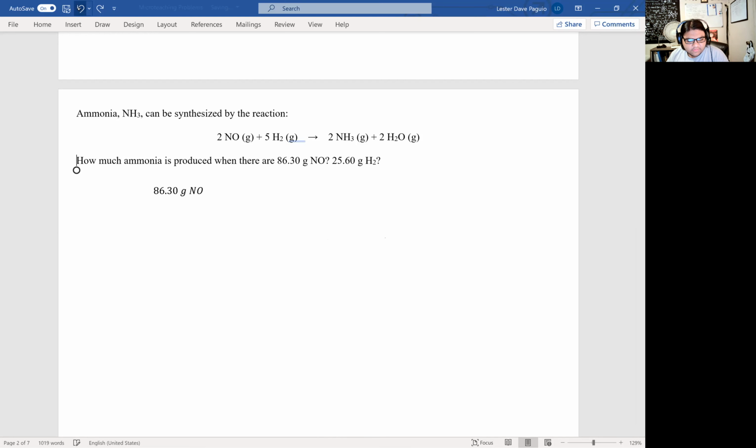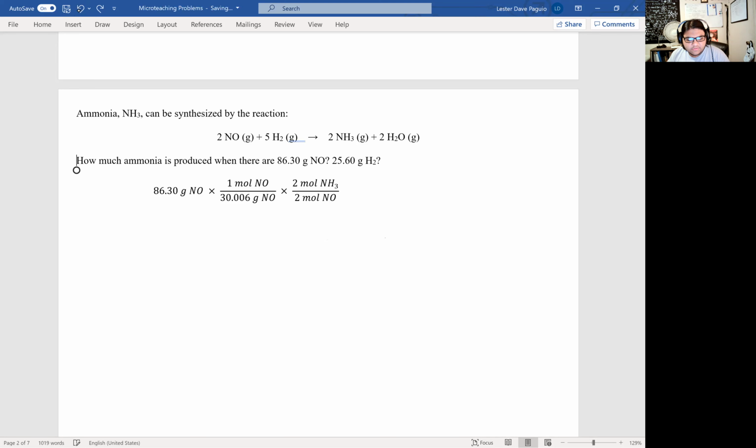So let's start with 86.30 grams of nitrogen monoxide. We would need to convert grams of nitrogen monoxide to moles of nitrogen monoxide. For 1 mole of nitrogen monoxide, we have 30.006 grams, and the 30.006 grams represents the molecular weight of nitrogen monoxide.